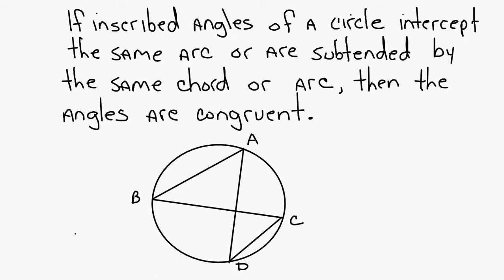They both intercept the same arc. Okay? So the measure of angle ABC would be congruent to the measure of angle ADC. They both intercept this arc AC. So this angle is congruent to this angle.